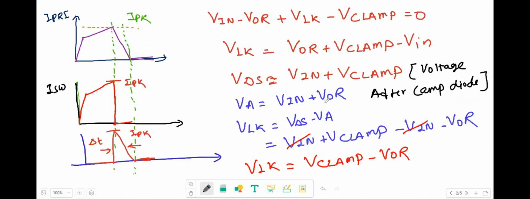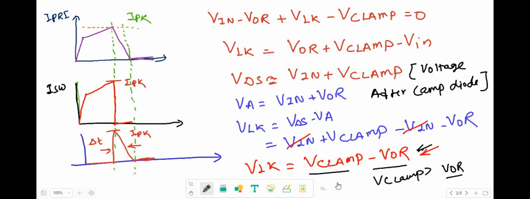So V in plus VOR, and if you want to calculate V leakage, VDS minus VA is going to be your V leakage, and the leakage voltage across your leakage inductance is going to be your clamp voltage minus reflected voltage. So this is what you have to remember. What is your leakage voltage? Your leakage voltage is nothing but how much voltage you want to clamp minus reflected voltage. And as I said, V clamp is always greater than V reflected.